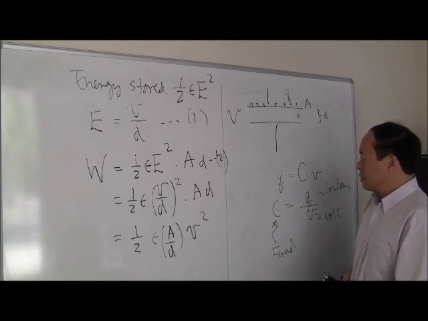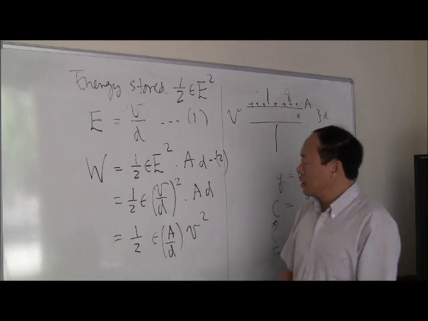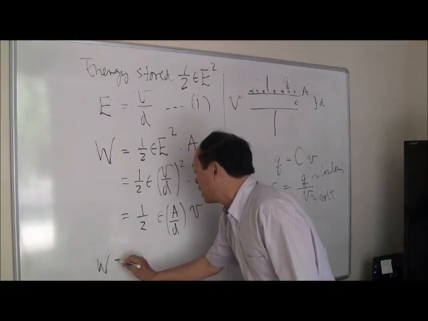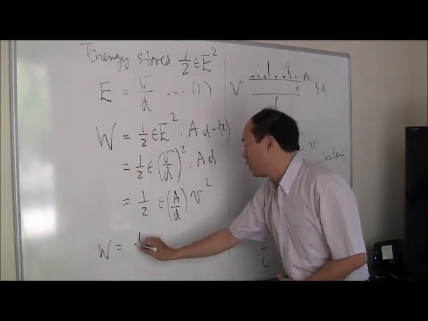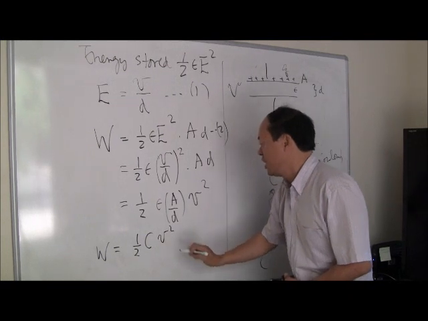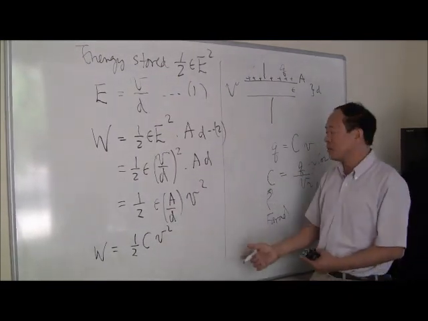Now, later we're going to show that the energy stored by a capacitor is also given by the equation of 1/2 of C times V squared, where C is the capacitance of the capacitor.